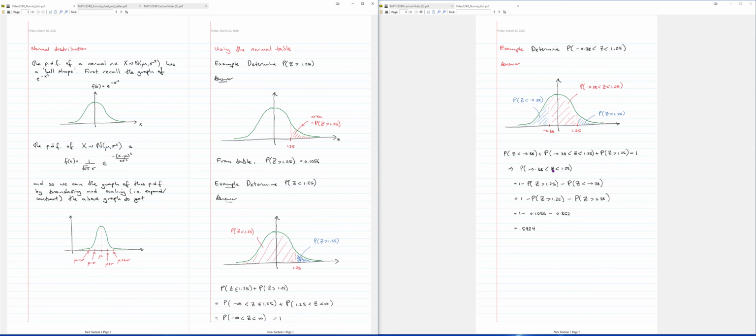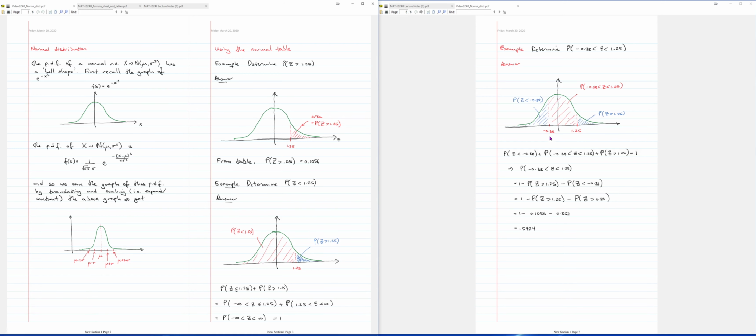Now, this is your red area, and this blue area over here, and this next blue area. This blue area, this red area, and this blue area consist of your total area under the curve. Your total area under the curve is equal to 1.